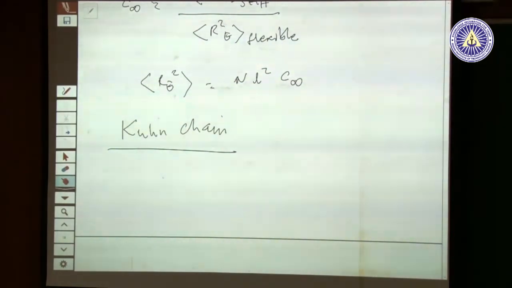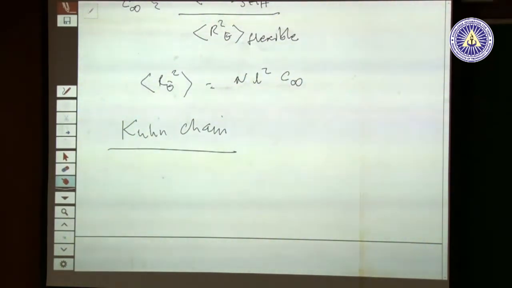If I have a super monomer that's longer than the persistence length, the super monomers are completely uncorrelated with each other. So if I looked at the correlation of one super monomer with another, you are already at a length scale greater than the persistence length, so that should behave like a freely jointed chain.